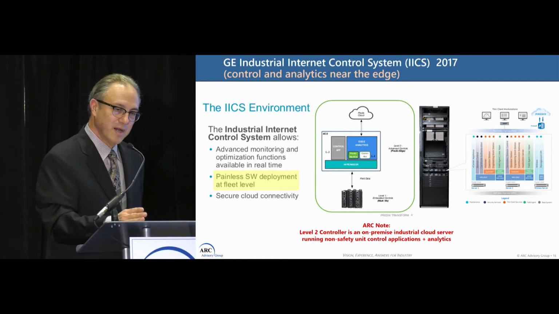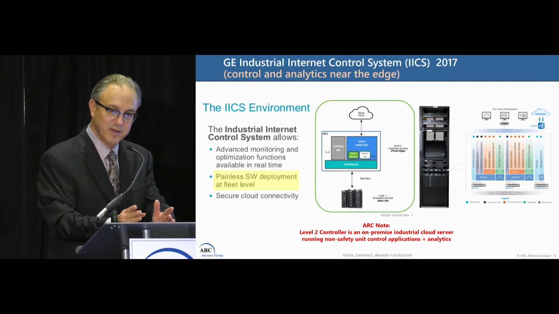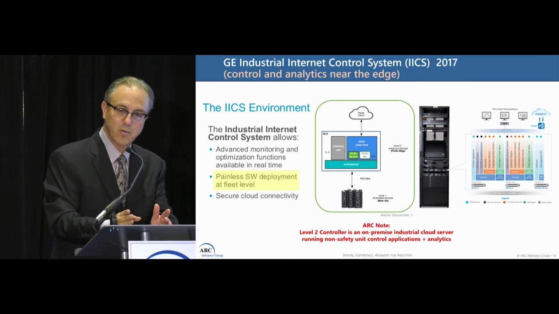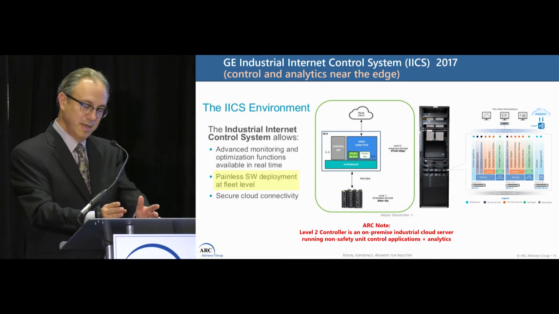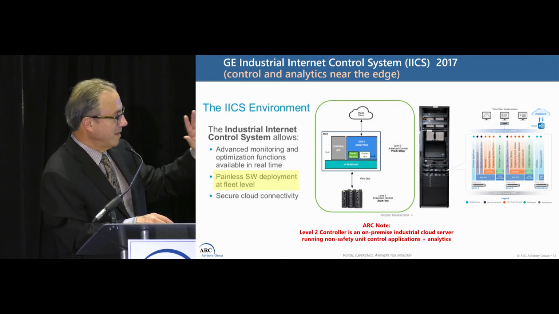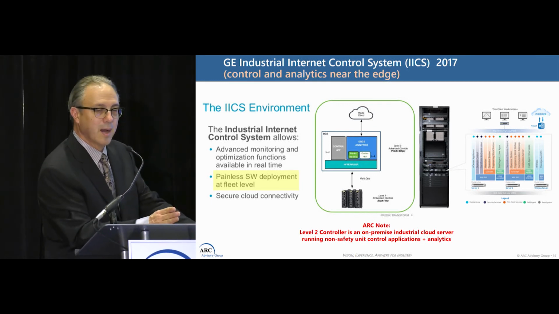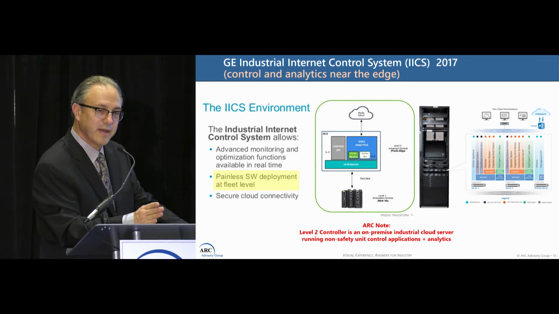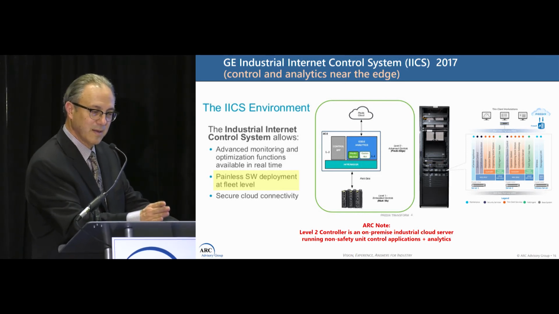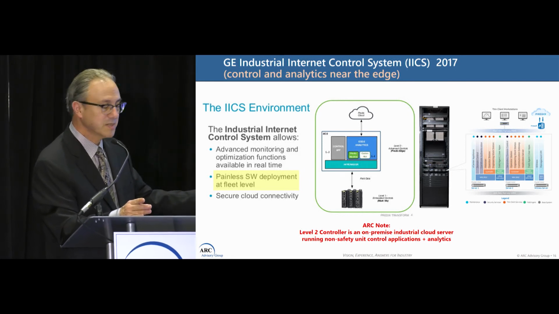And what they have done is take an existing set of functionality that they had embedded already in proprietary equipment in earlier generations and moved it out into a virtual environment similar to what you can find out on the floor here. So they have an on-premise cloud that is running virtualized the old applications that they had for automation and management of some rotating equipment, including gas and steam turbines.